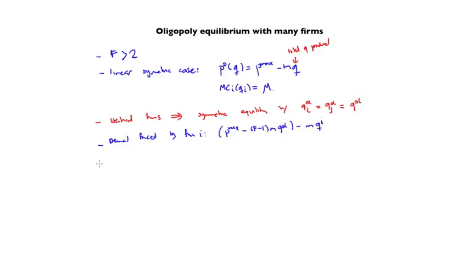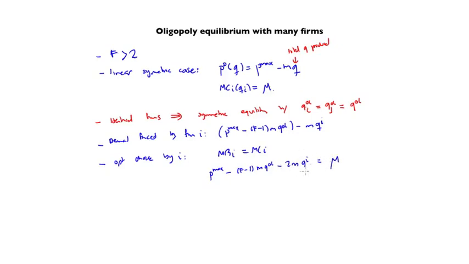Now, given this, we know that the optimal choice by i, which as before takes the behavior of the other firms as given, sets marginal revenue for i equal to marginal cost for i. The marginal revenue for i is P max minus (F minus 1) M QOL minus 2M Qi, which equals the marginal cost, mu.